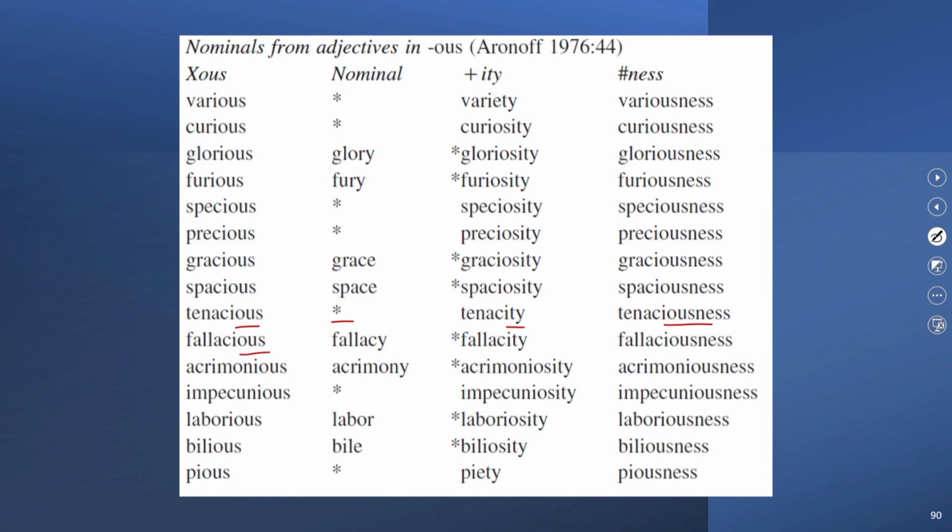But in this case, there is a bare form like fallacy, and hence this cannot be allowed because it has a bare form. So, it is not allowed. This is how Aronoff describes which kind of derivation will be blocked and which will not be blocked, primarily based on whether it has a bare noun form or not.